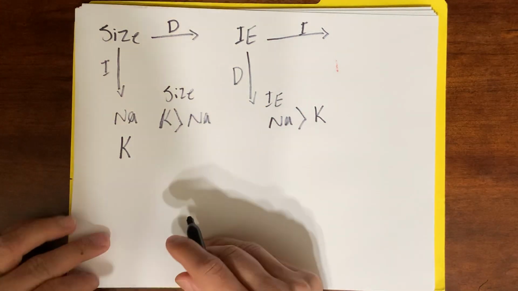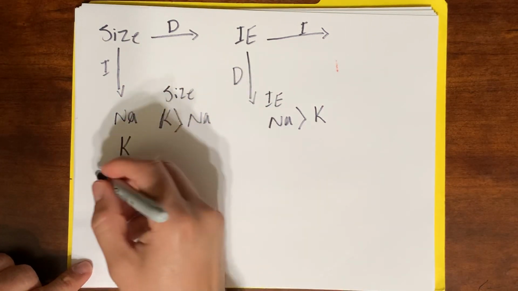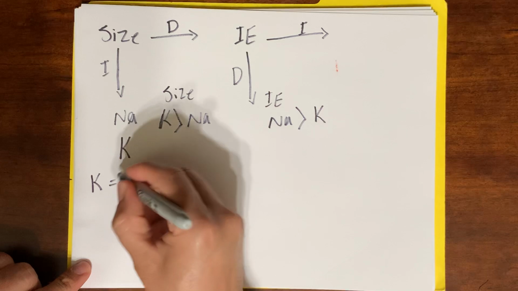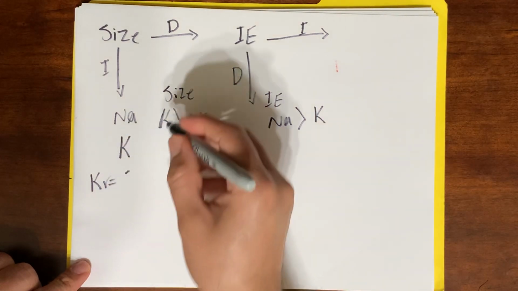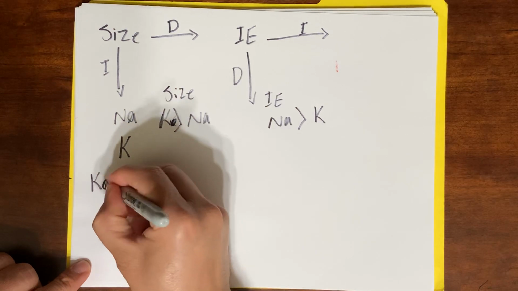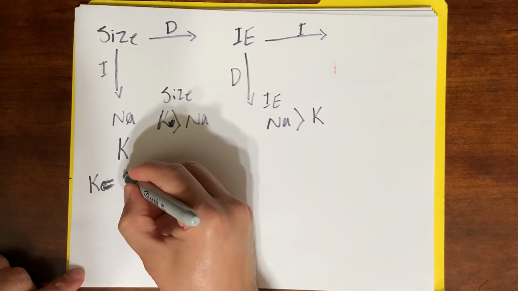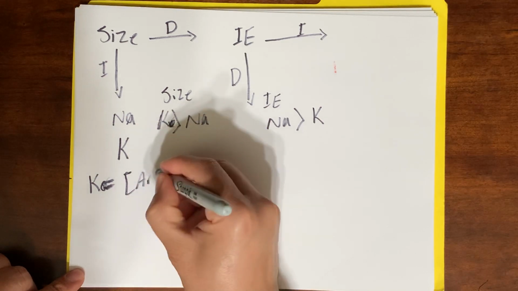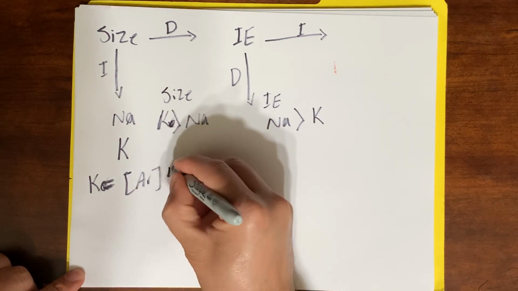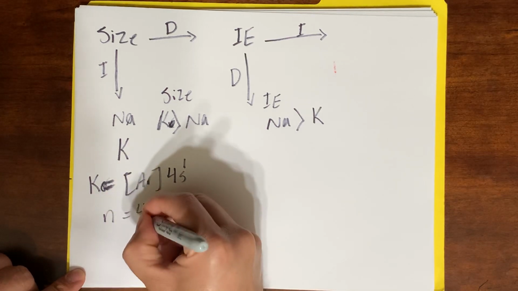Okay. Let's talk about the size. We said size. Potassium, my bad, why am I writing krypton? Potassium, not krypton. Okay, so potassium is going to be argon 4s1, so the highest n is equal to 4.